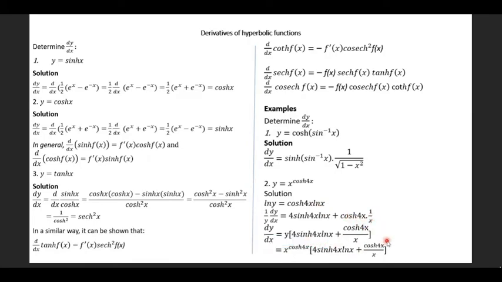And then if you make dy dx the subject of the formula, it will be y into all of that. But y itself we know is equal to the original expression, so this will be your final answer. It does not matter even if you leave it just at y.